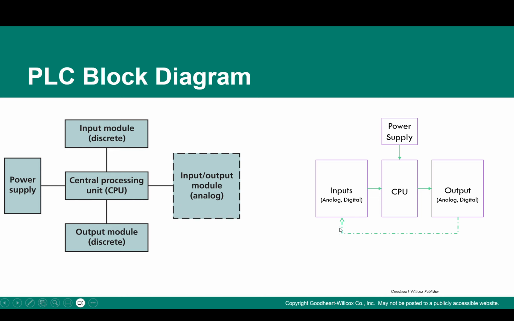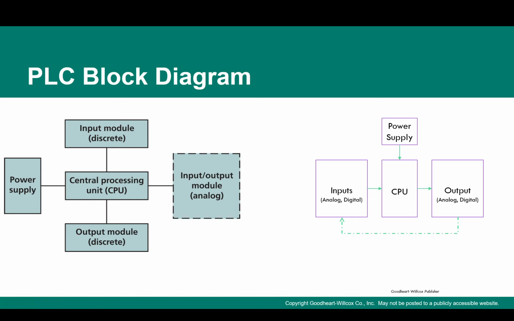The dotted line is a feedback arrow. In some cases, you may want your analog or digital output to come back as an input to the CPU, depending on your task. That is the reason for putting that dotted line. You don't necessarily always need to use the output as your input, but in some tasks, in some processes, you may require it, and that is the reason for showing this feedback line.